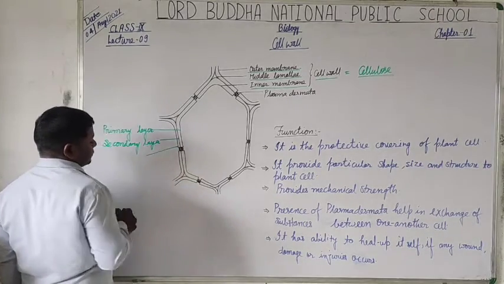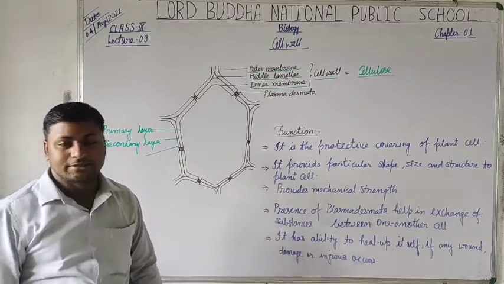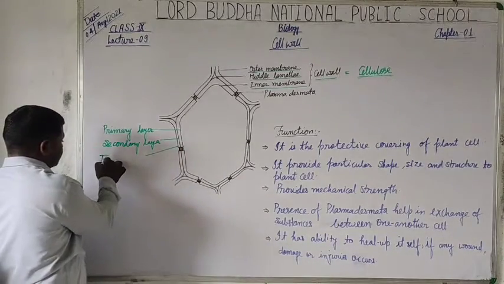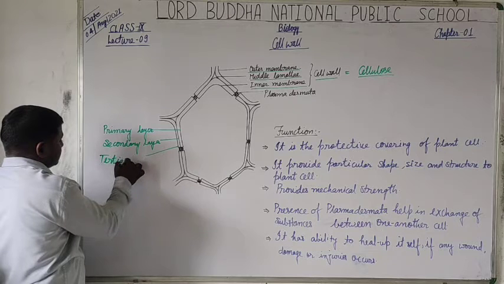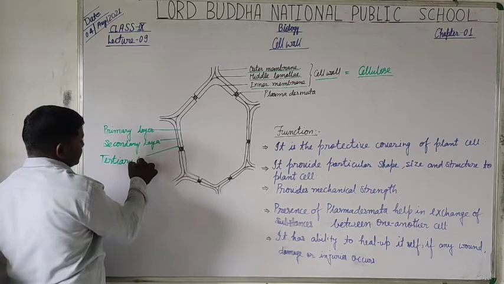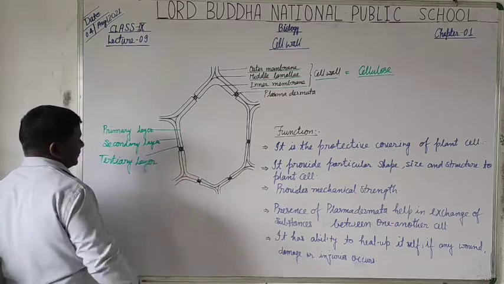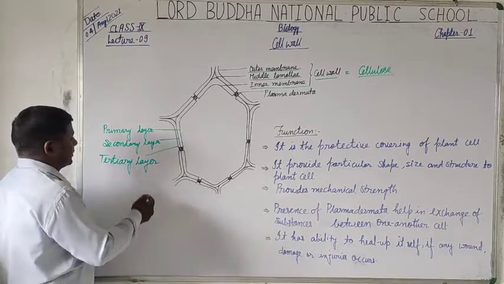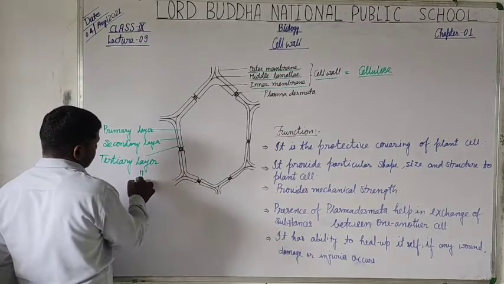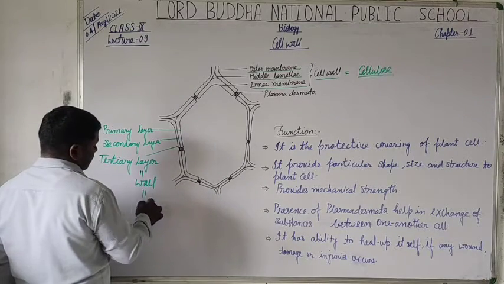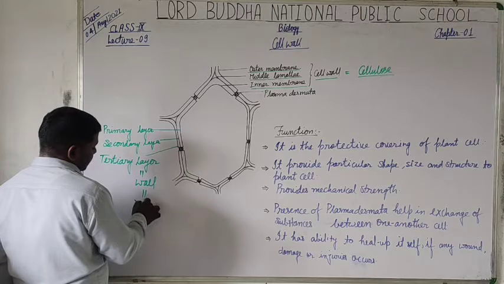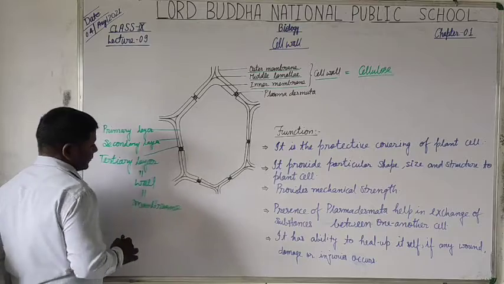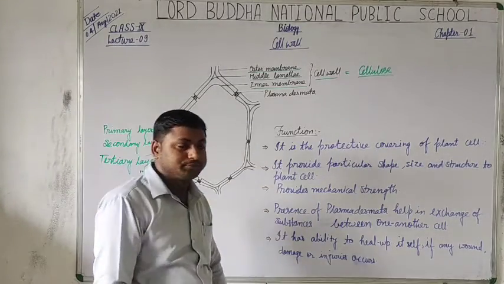And this is the outermost hard rigid surface, the tertiary layer. Is that clear? You can use the terms wall, layer or membrane; these are synonyms of each other, so never get confused.